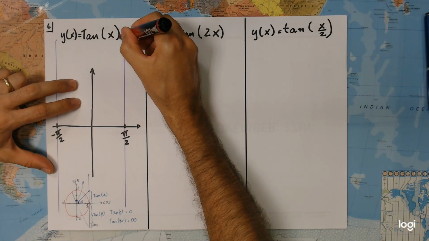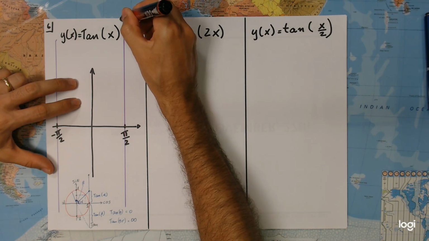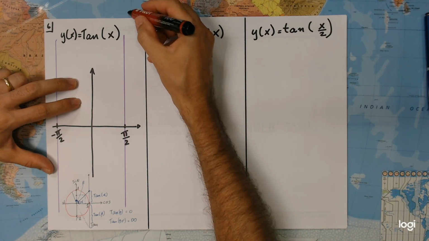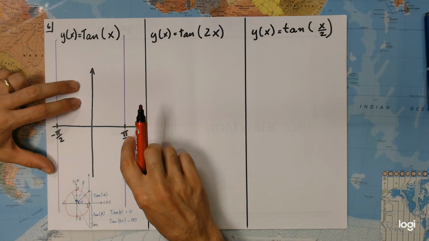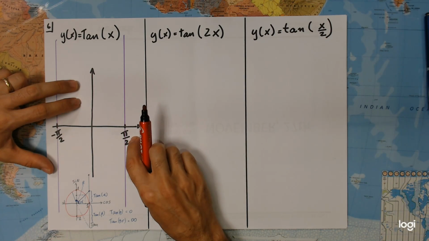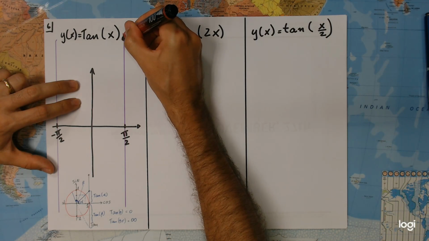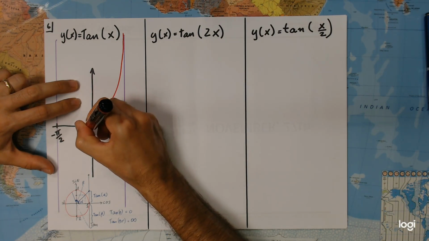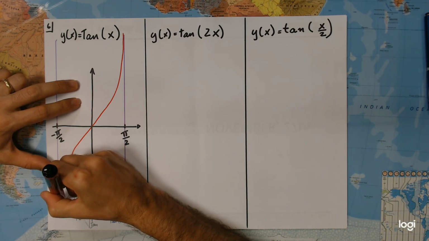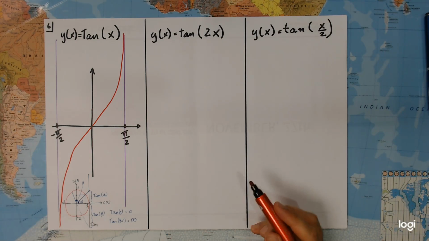You see, look, it goes something like this. It's very close, up there, when we are very close to 90 degrees, but still a little bit less than 90. And then it goes, and the same goes in here. It never touches the asymptote.